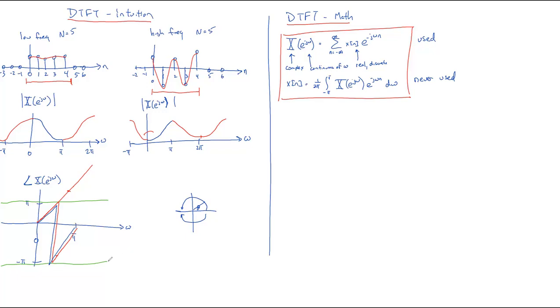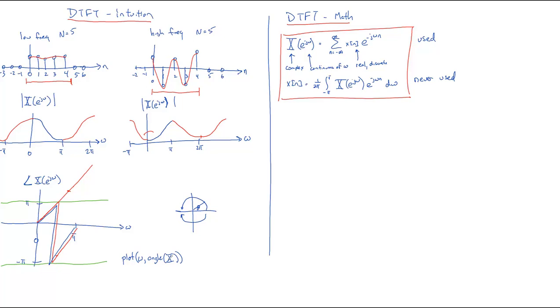So in MATLAB, instead of plotting your omega versus your angle of capital X, so here your capital X is your DTFT. We've somehow computed it already. I'll show you how to compute it in a minute.